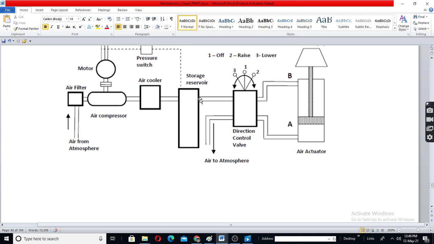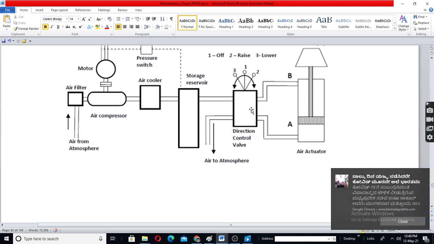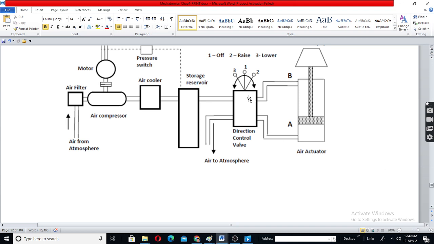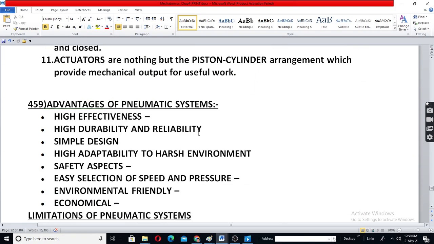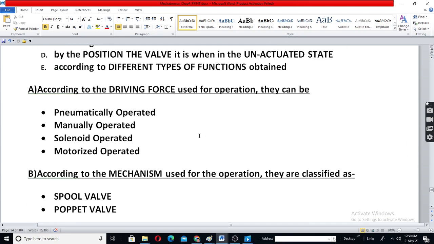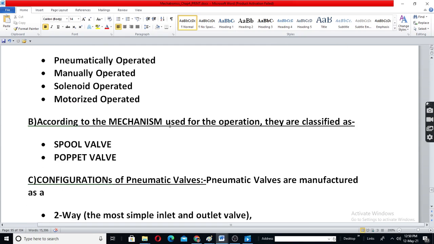It passes compressed air for imparting motion. But the pneumatic valve is controlled by again pneumatic air pressure, or by solenoid, or by manual, however it is.